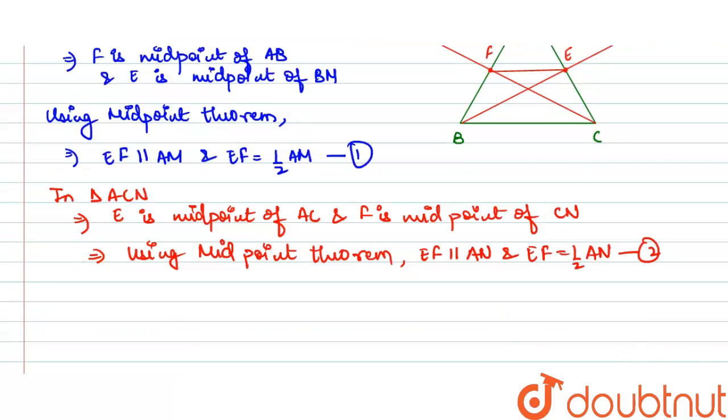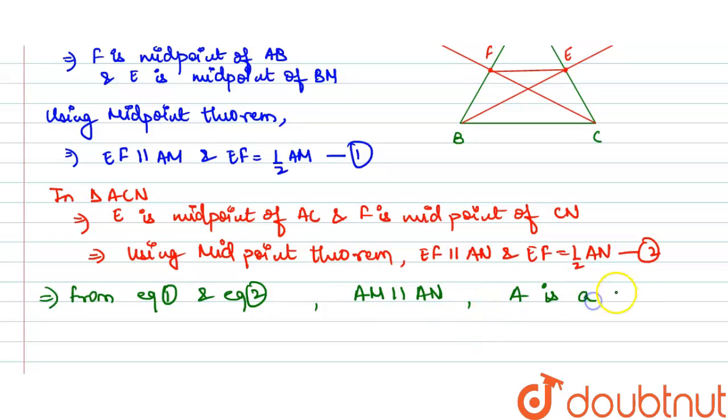Now from equation 1 and equation 2, we see that EF is parallel to AM and EF is also parallel to AN. Since these 3 lines are parallel to each other, AM is parallel to AN, and also you can see that A is a common point on both these lines, AN and AM.